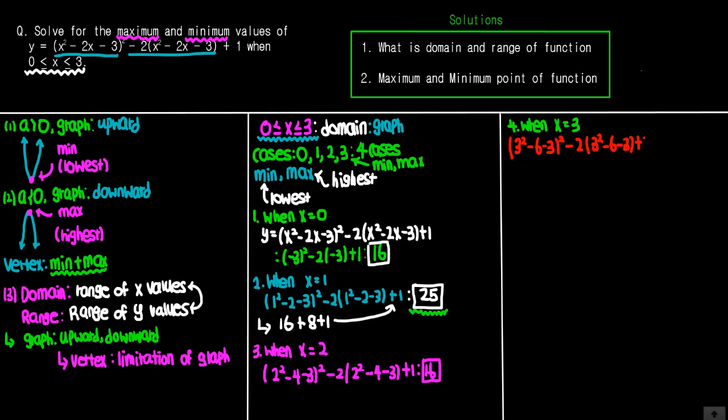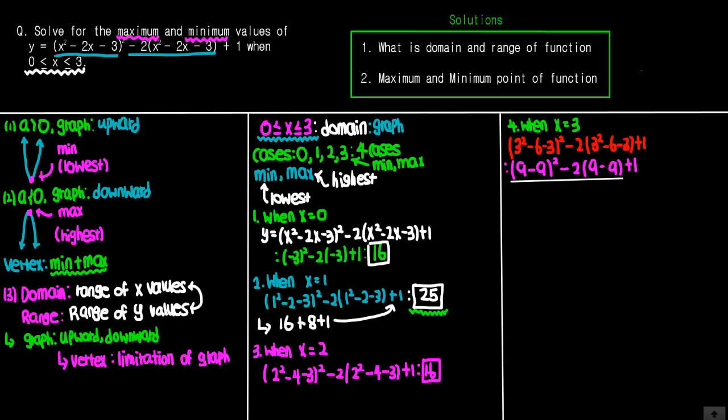And we still have plus 1. So if you simplify this, 3 squared will turn into 9, minus 6 minus 3 will turn to 0. Even though we square the 0, it will turn to 0. We still have negative 2 times 3 squared is 9, minus 9. We still have 1. Even though we're multiplying our square from the terms whose output is equal to 0, they're always going to turn into 0.